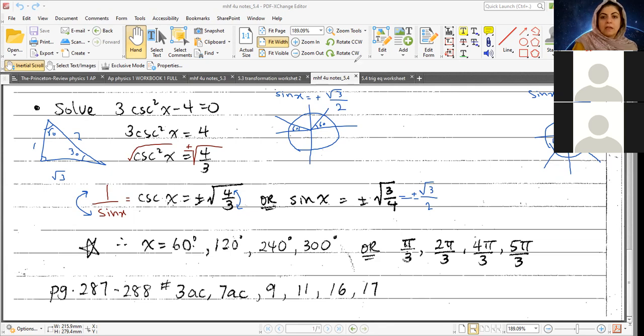Now I need to find the actual angle. So from here to here is 60. And then the other angle is from here to here. Since everything from 0 to this point is 180, it would be 180 minus 60, which is 120. So you have 60 degree and 120. I'm going to do it for the other one. From 0 to this line, I know from here to here is 180.